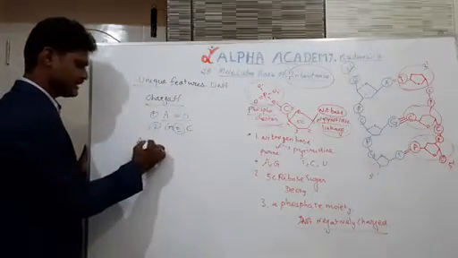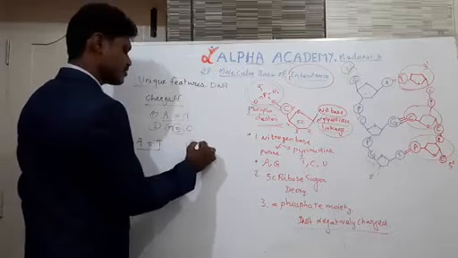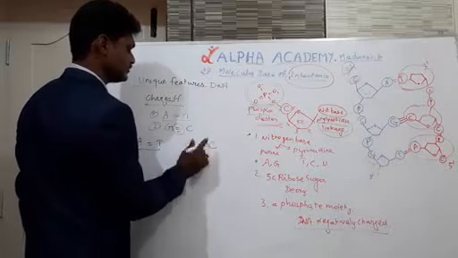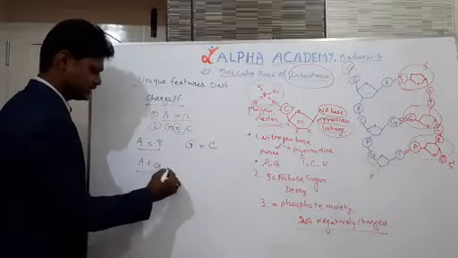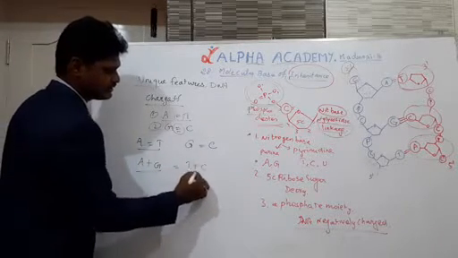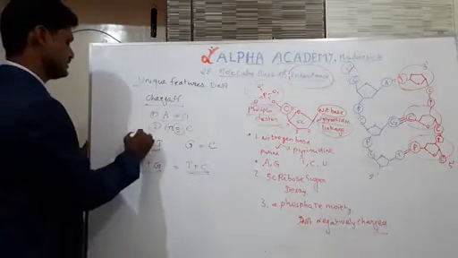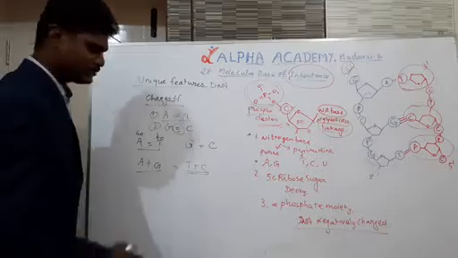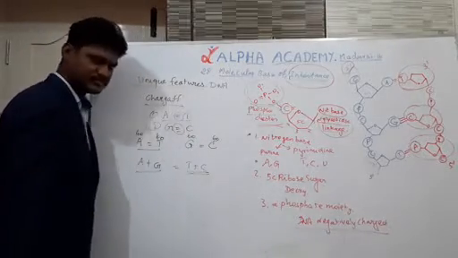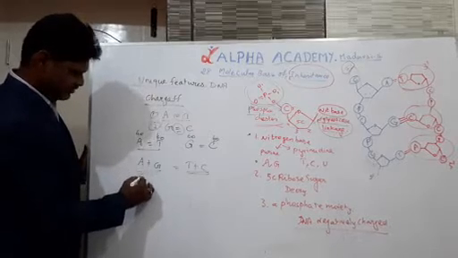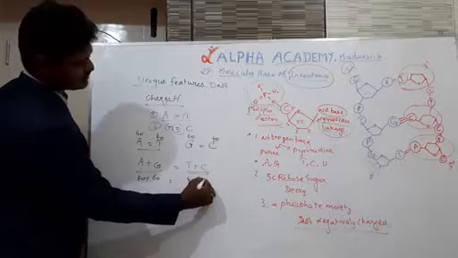So the number of adenine nucleotides is equal to thymine nucleotides. Number of guanine is equal to cytosine nucleotides. For example, the number of adenine plus guanine is equal to the total number of thymine plus cytosine. For example, if adenine is 40, thymine is 40; if guanine is 60, cytosine is 60. So adenine 40, guanine 60, thymine 40, cytosine 60.